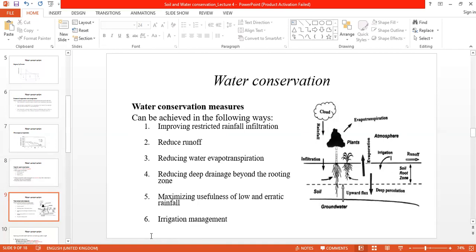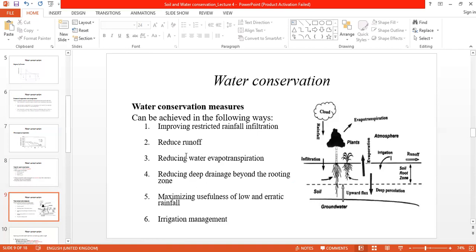When it becomes dry again, we irrigate, rather than having just the rainfall, because when the rainfall comes, the soil becomes saturated, and the rest of the rainfall is lost at that time. But you can harvest the water that is going by runoff, keep it, and then use it for irrigation when the soil becomes dry. So these are the measures that we're going to consider.